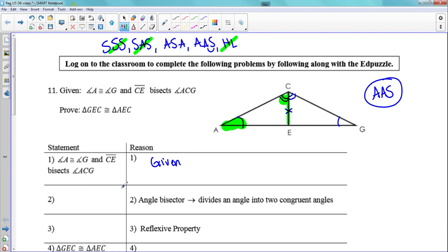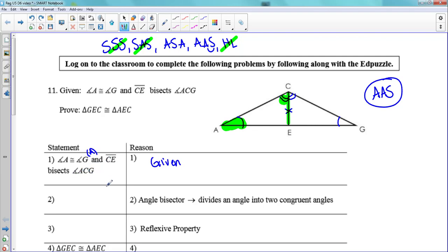Now, I want to start to use the information from my given. So I see angle A is congruent to angle G. There's not anything else I need to do with that. I already have my congruent statement. So I like to put an A next to that for angle. I also know CE bisects angle ACG.